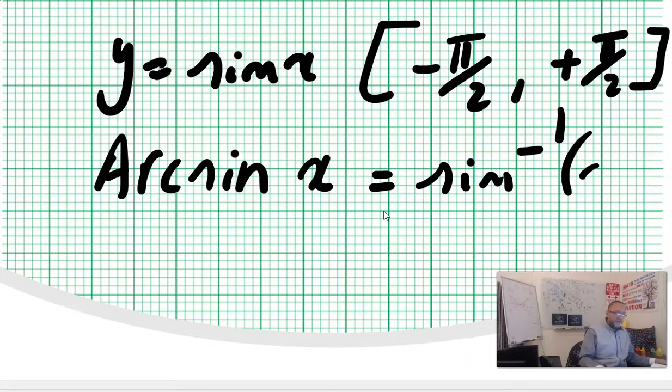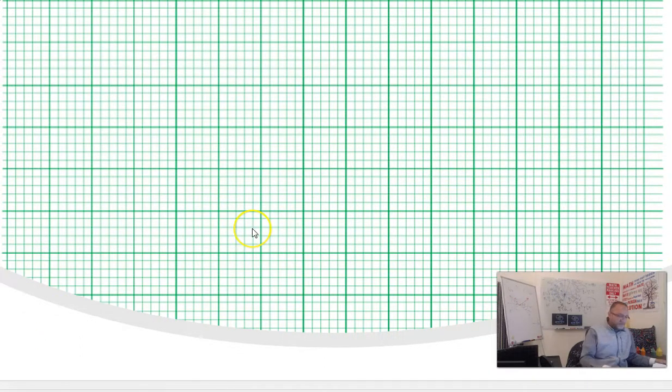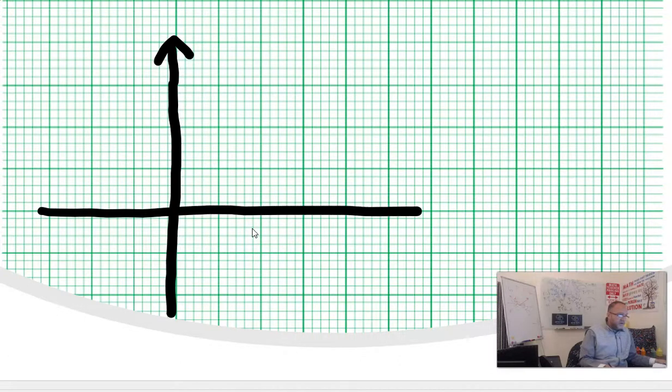Always better to say arc sine, okay, because this is not a power of minus 1. Again, let's make the drawing just between minus pi over 2 and plus pi over 2.